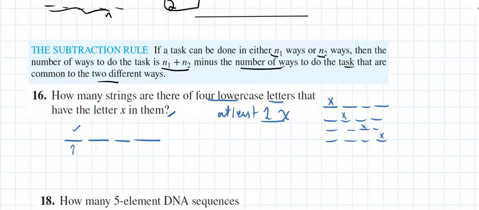That's 1 X. You could have 2 X's. So as you see, this is going to be a lot of work. So at least is not that simple.